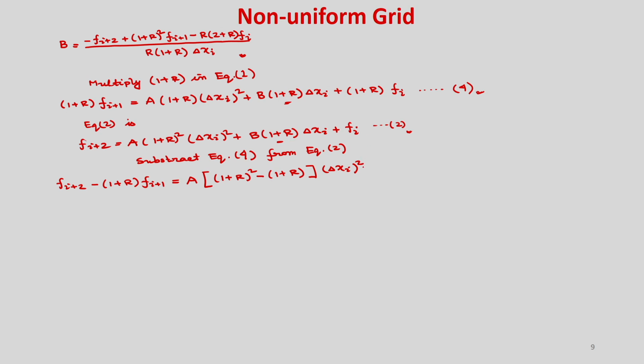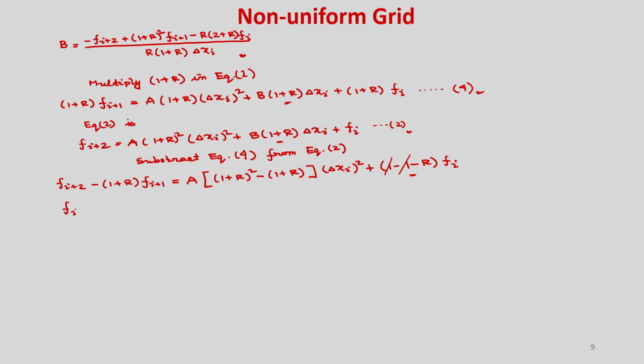So, now you have the last term as 1 minus 1 minus r into fi. Okay. So, you can see, this 1 will get cancelled and you take this in the left hand side.